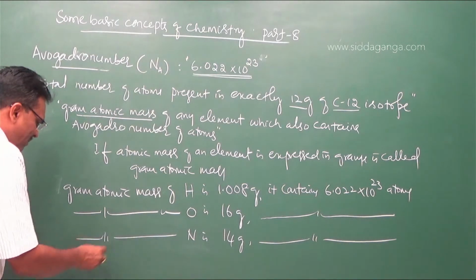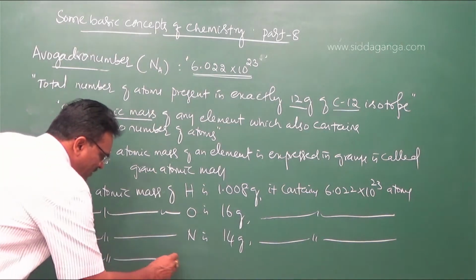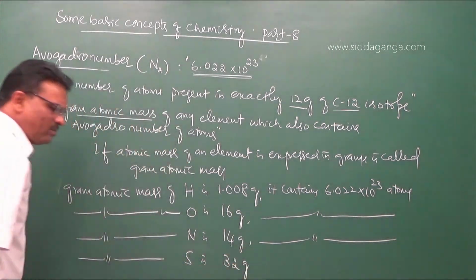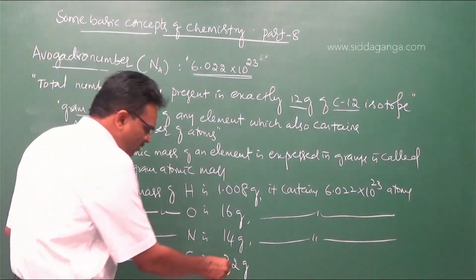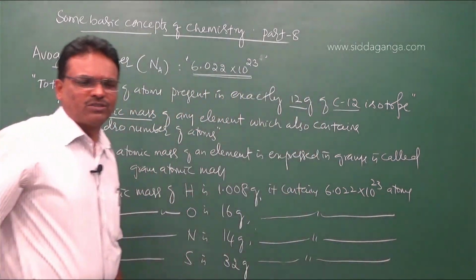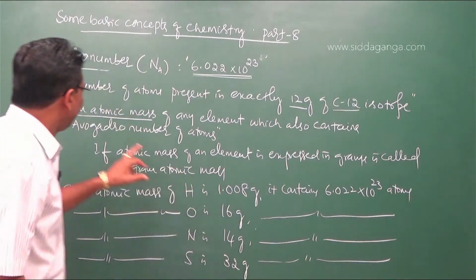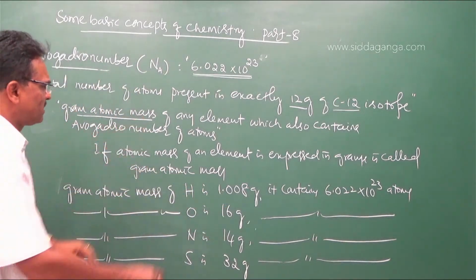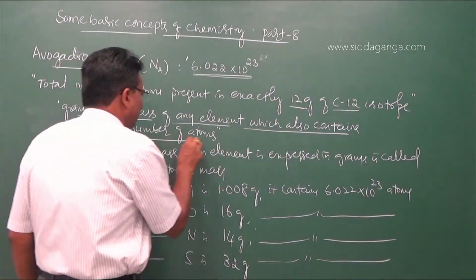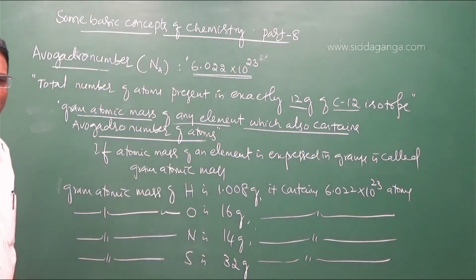Similarly, gram atomic mass of sulfur is 32 gram. So 32 gram of sulfur also contains Avogadro number of atoms. Therefore, in general, gram atomic mass of any element contains Avogadro number of atoms.